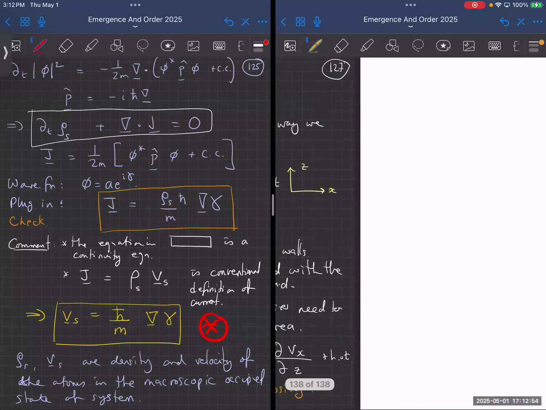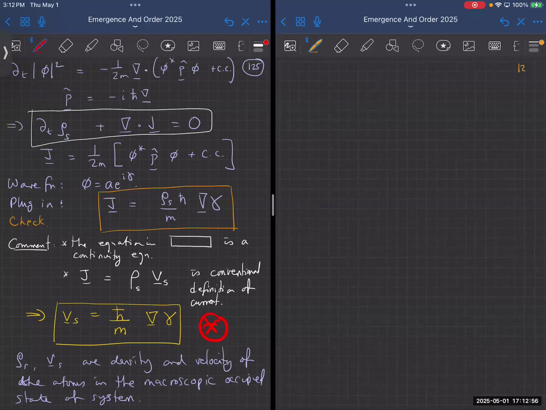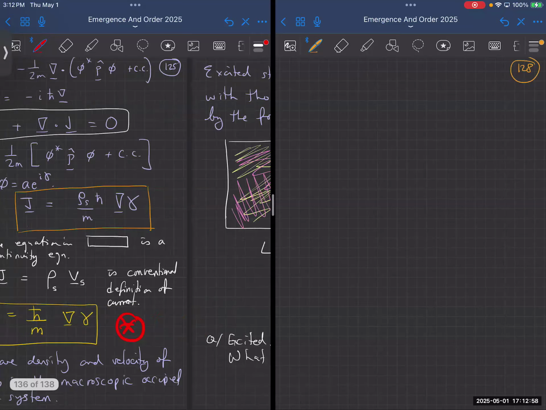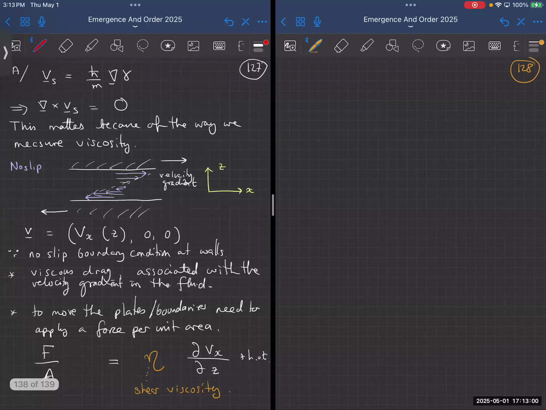Okay, so now what do we know about our system? Well, our system obeys an equation of motion. That is what I wrote down over here. We saw that curl V is equal to 0 because the velocity is given by the gradient of the phase of a macroscopically occupied wave function.